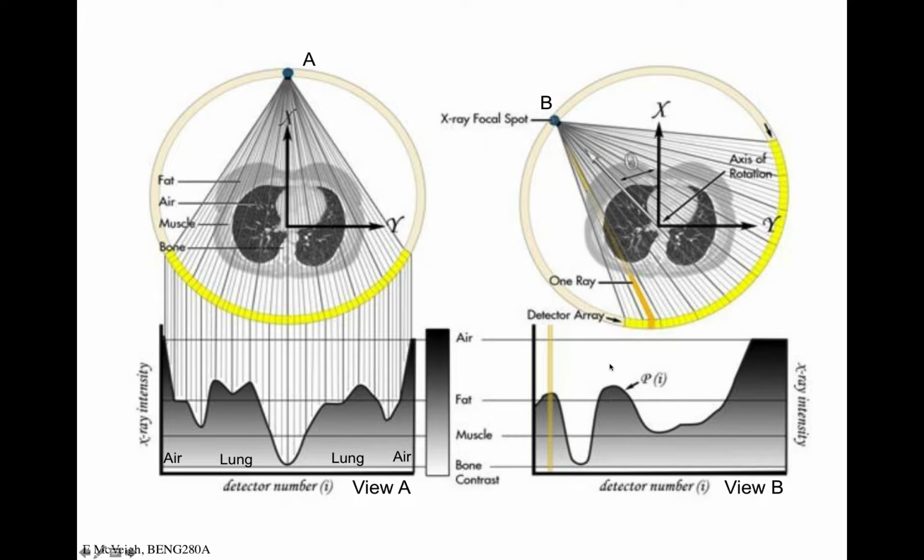And then this one over here is the lucky detector that's looking through that bone, this way. So you essentially just measure this at about 1,000 angles, okay? So I've got 1,000 of these functions, these profiles, and we're going to use that to reconstruct what's in there.